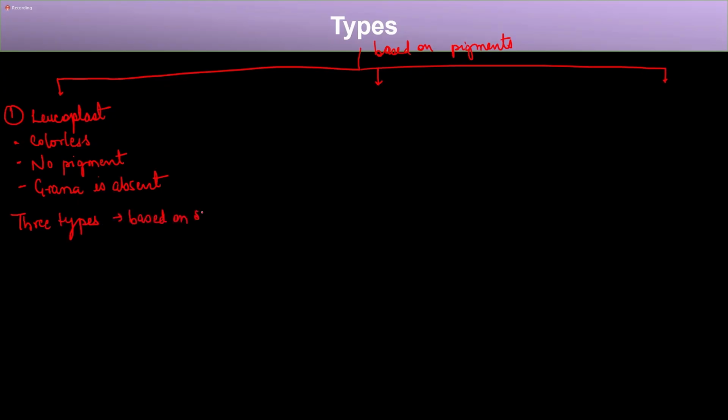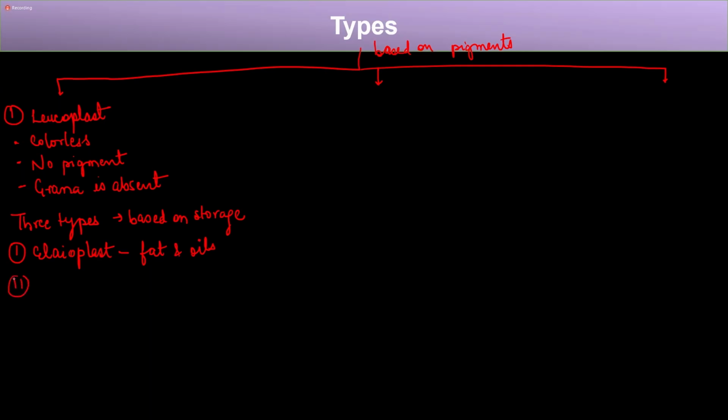So based on storage, leucoplasts are of three types. The first type is helioplast, and the helioplast stores fats and oils.